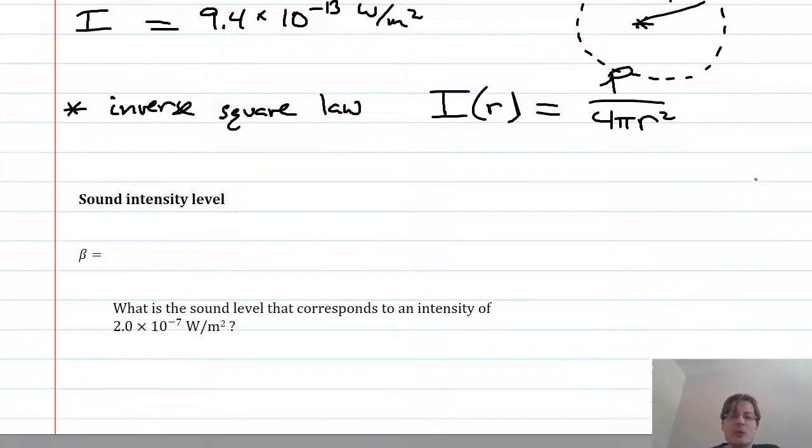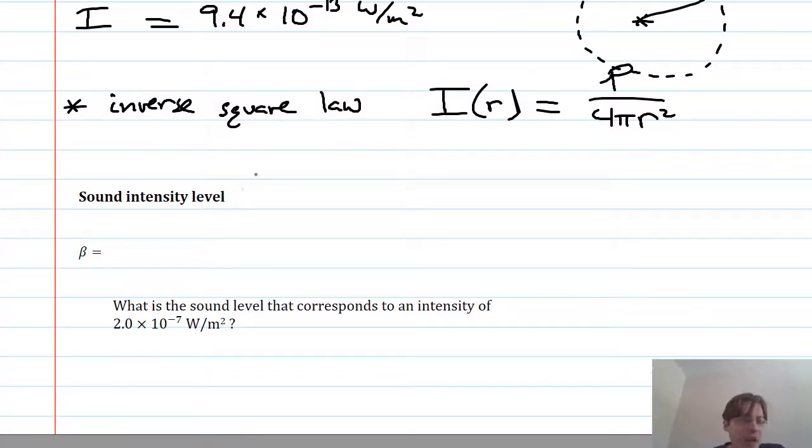However, usually when you talk about the volume of sound, you don't measure it in watts per square meter. Usually you measure it in decibels, named after Alexander Graham Bell. 0 decibels is going to be the quietest sound you could hear. Almost silent is 0 decibels. And then 100 decibels is going to be a loud sound.